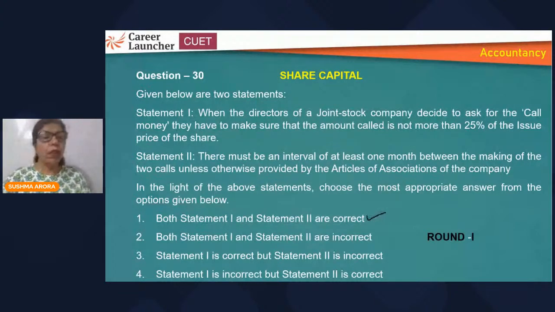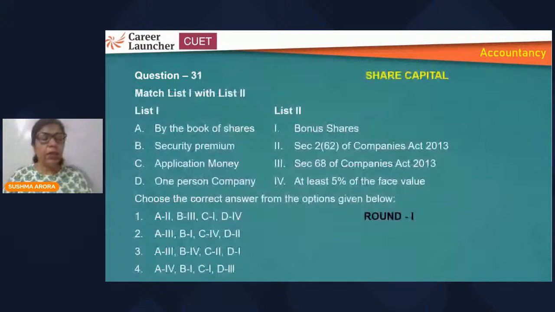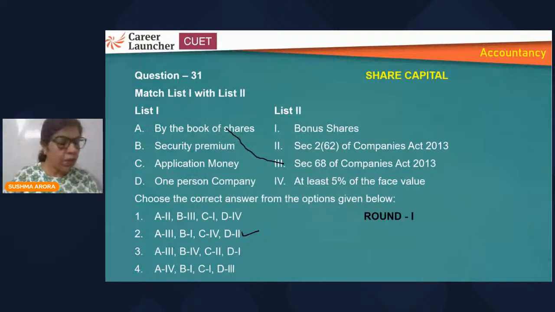Now see, there is one mistake. Buy the book is not there; in the paper you will see that it is buy back of shares. So here, buy back of shares, our option second will be correct. Now, A is third. B, securities premium, B will be first.